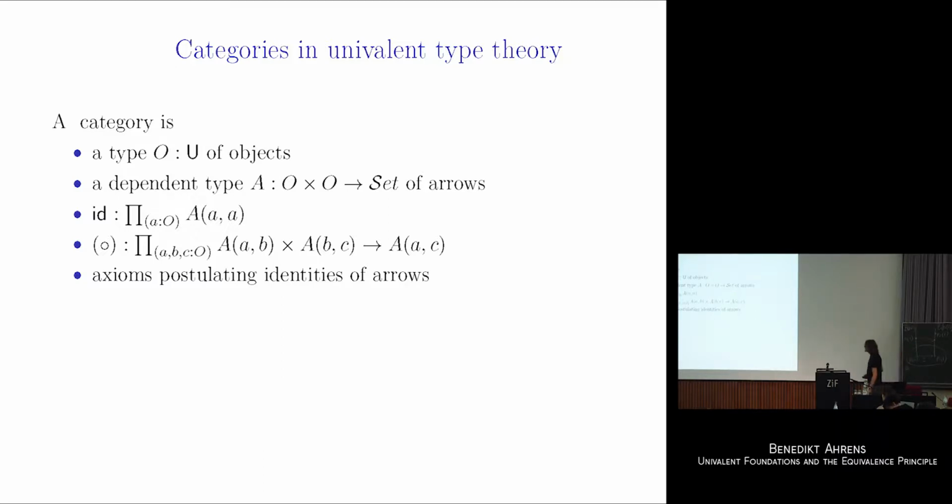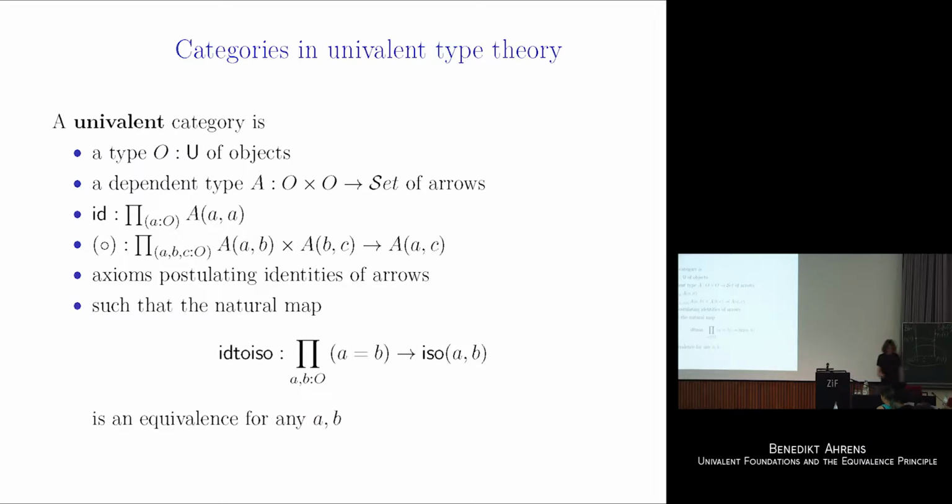Okay. And then what is a univalent category? It is a category in which the natural map, which is analogous to those that I've already shown, is an equivalence. So what does this map do? It maps identities between any two objects to isomorphisms.